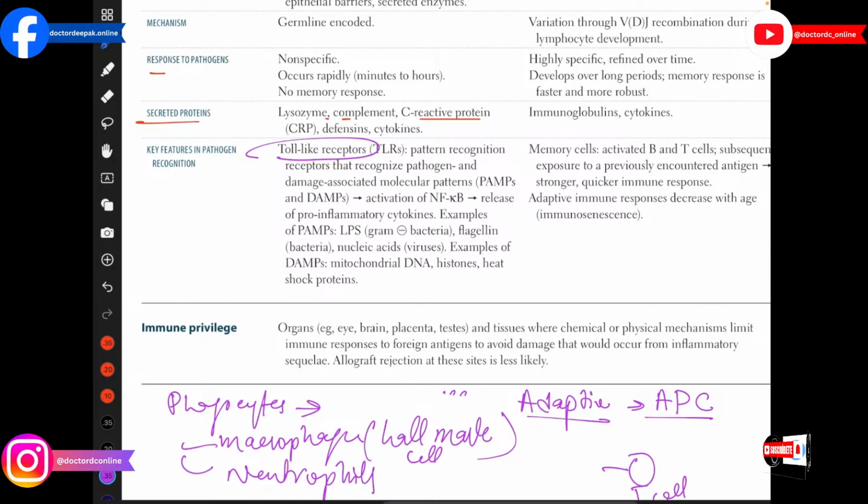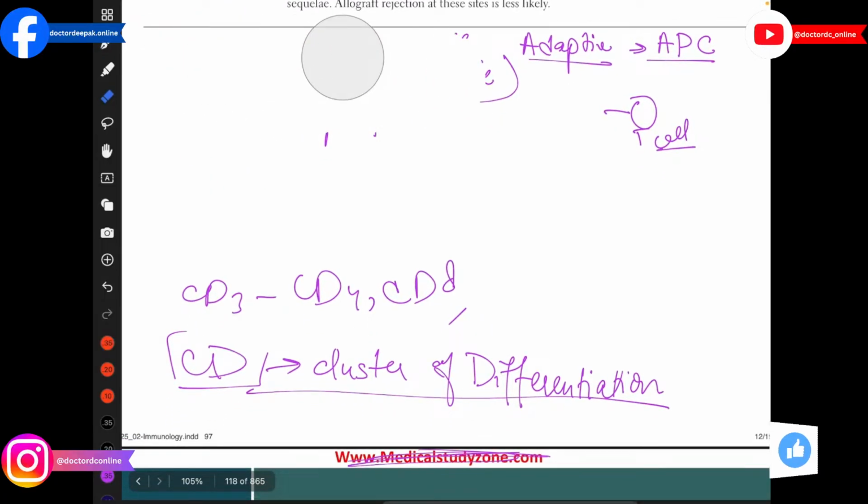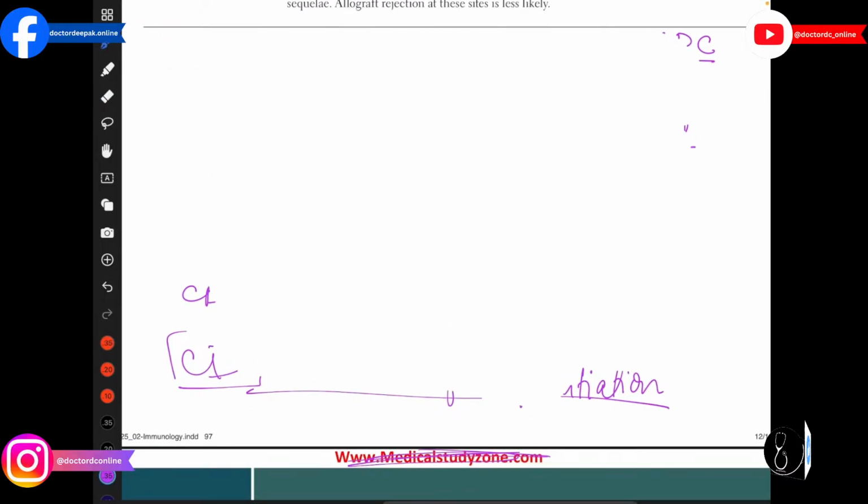In innate immunity, you guys already know all the key features of the pathogen mechanism, but we have to know about the macrophages. Macrophages are guardians of innate immunity. They are produced in bone marrow as monocytes and circulate in blood for 3 days.